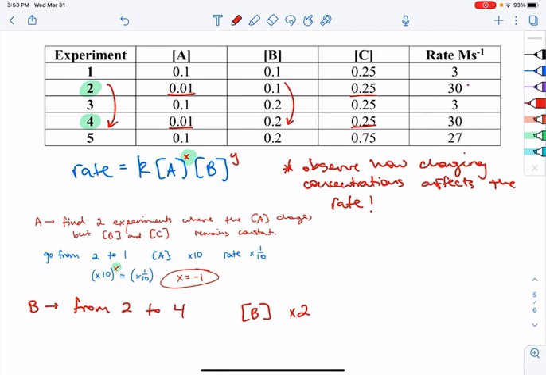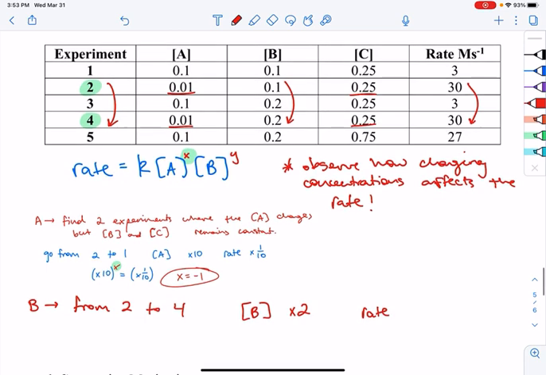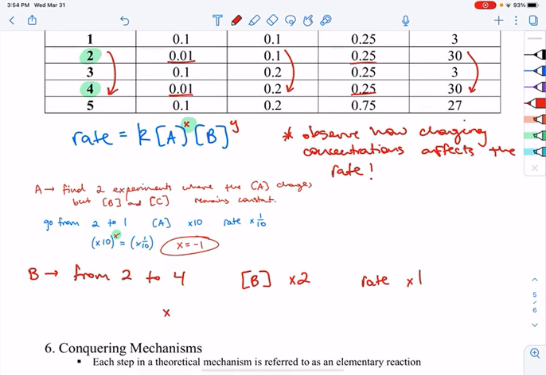Look at the rate, though. The rate does not change, right? So it would be times a factor of 1. How do you go from 30 to 30? Multiply by 1. So now you want to think, how do I make a times 2, which we're going to give y, equal to a times 1?